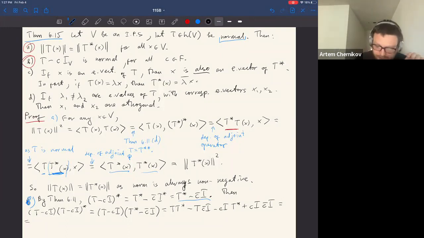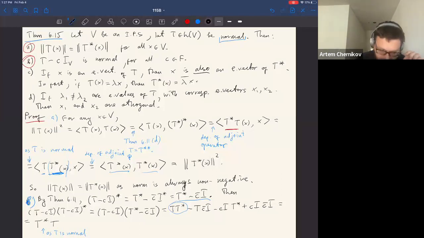Let's simplify this. Look at the first one, T T star. We are assuming that T is normal, so we can change the order and write T star T.